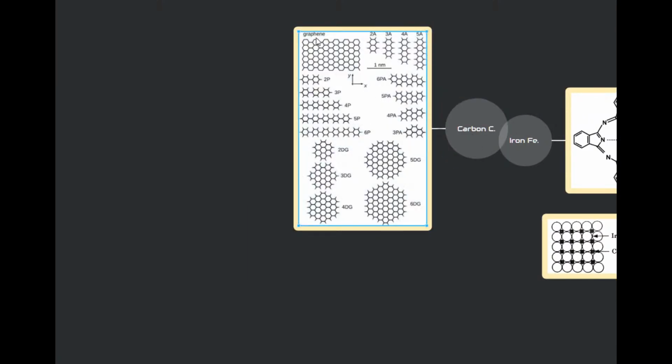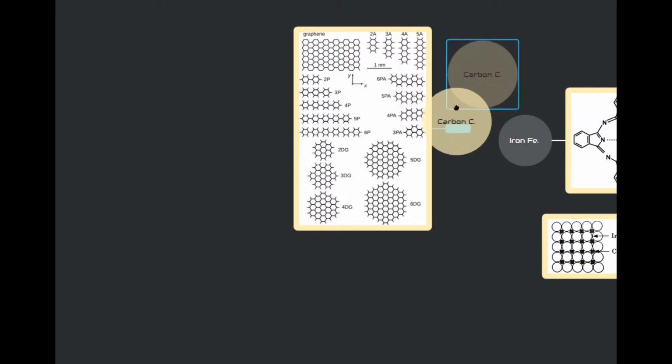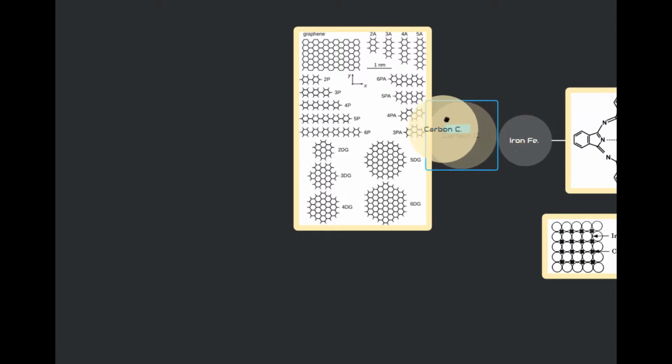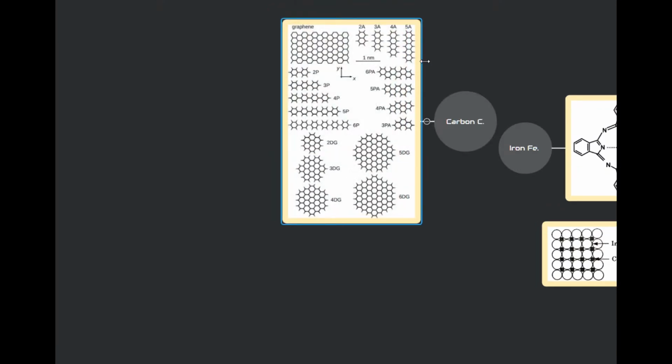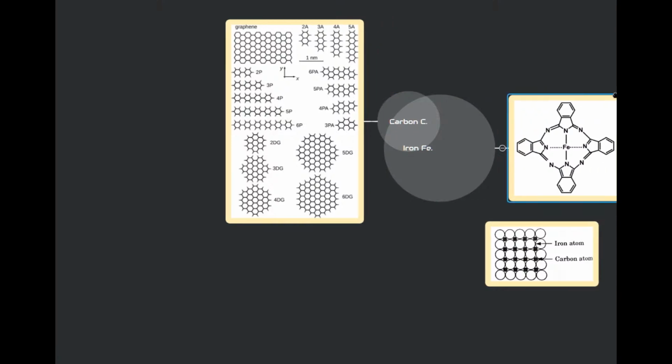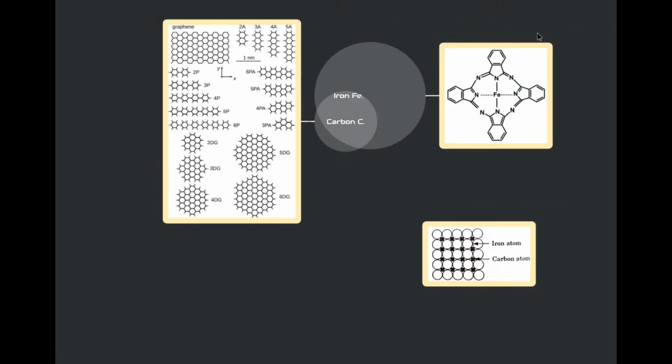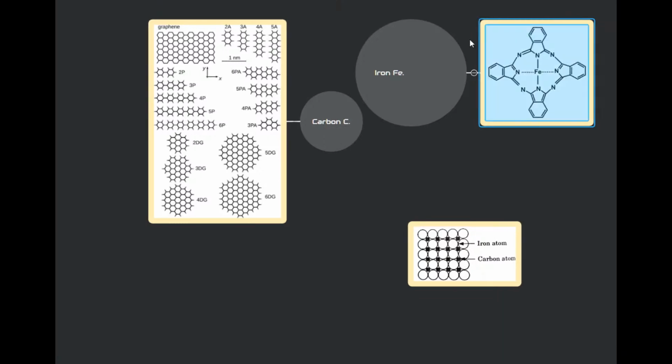So these different types of carbon, graphene, etc. That should actually be larger, like that size. Okay. So this is sort of like the D. I don't know what the bond is.